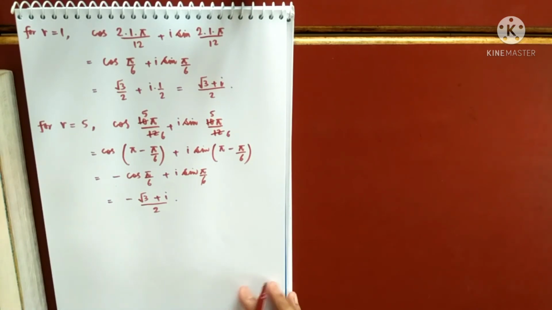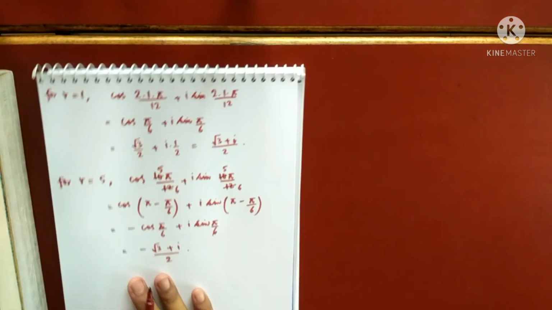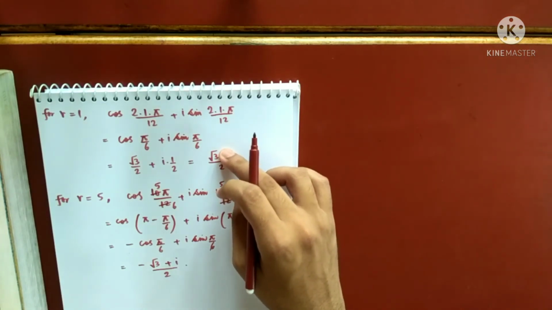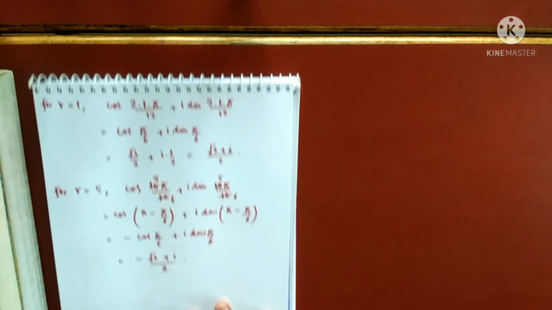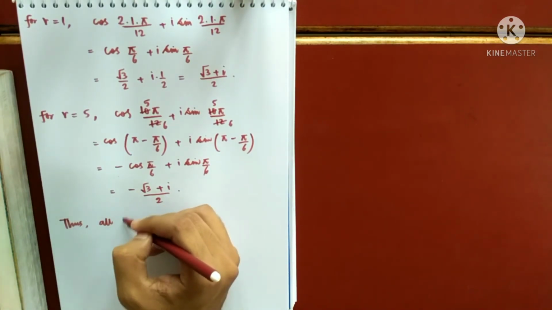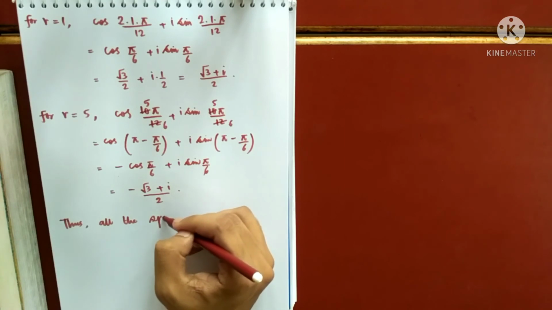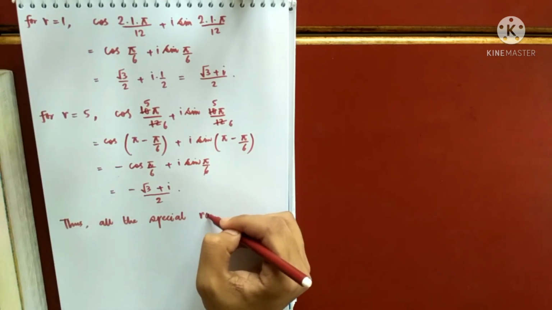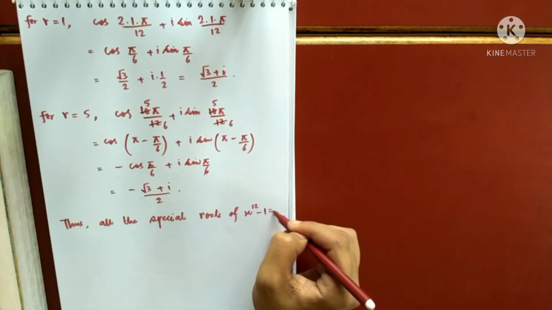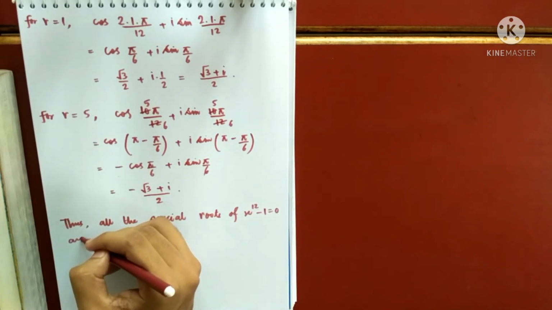Now I will not compute for 7 and 11. I know 11 will be the reciprocal of this, that is very obvious, and 7 will be the reciprocal of the other. So all the special roots of x to the power 12 minus 1 equals 0 are as follows.